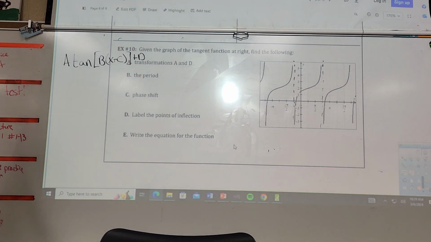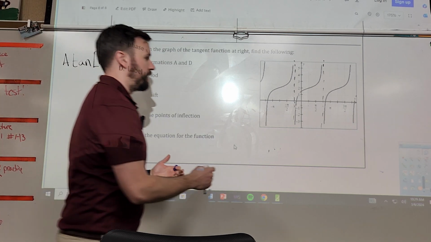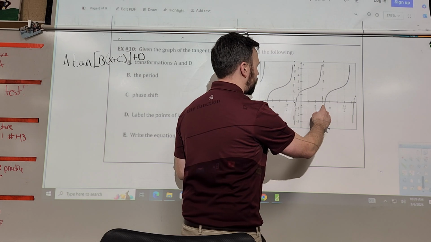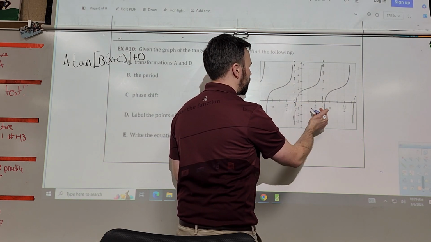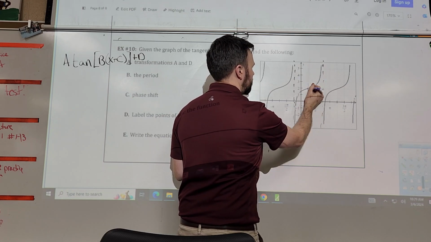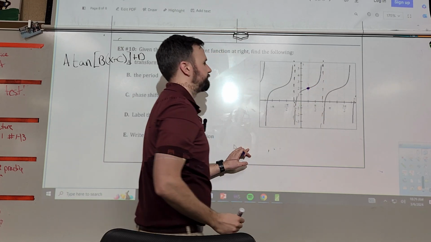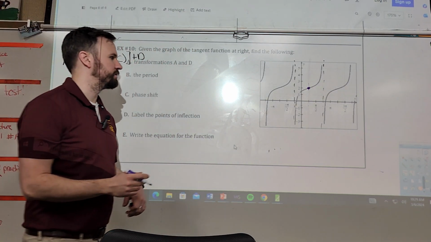Because where is my zero found? It's right in the middle of my asymptotes, right? So if these are my asymptotes, so my zero would be right here, in the middle. It's always right in the middle of my asymptotes.